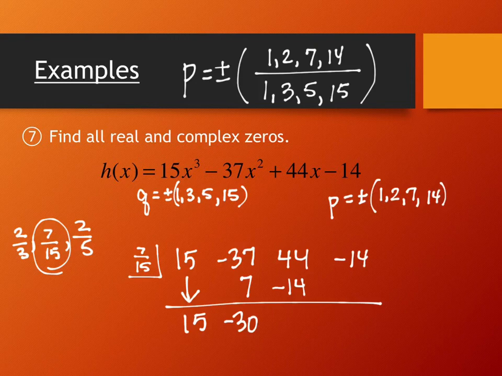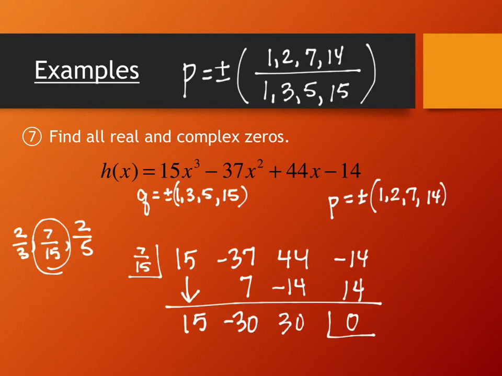It is -14, but feel free to use your calculators. It's not a problem. How about 44 minus 14? 30. And if -30 times 7/15 was -14, what's 30 times 7/15? 14. And in fact, it better equal 0 at the end. Otherwise, we've got a problem because our calculator said it's supposed to, right? Yeah, and it does.